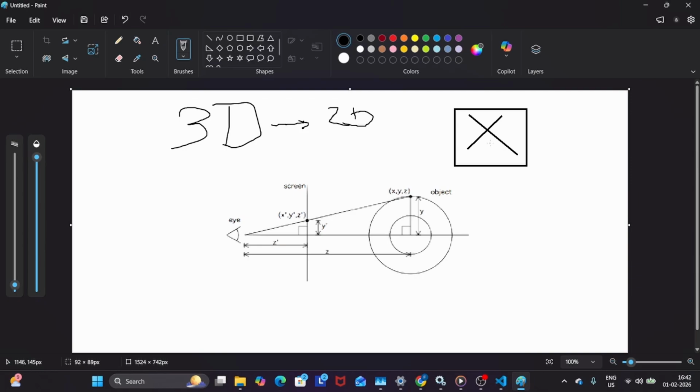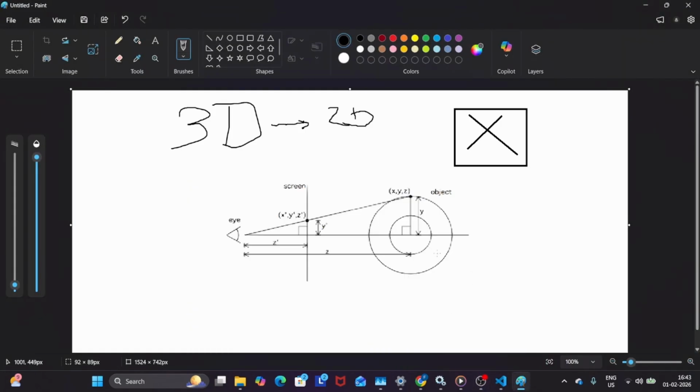The formation of the tree on this transparent window is just a smaller version of the original object, and it depends on Z. That Z will decide how big the object should look. If it is far it will look small, if it is close it will look big. This is the basic mathematics, and we are doing that here.